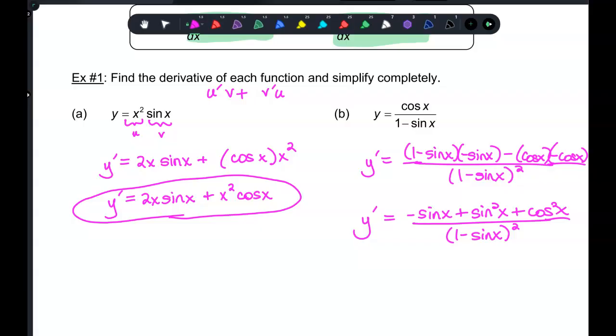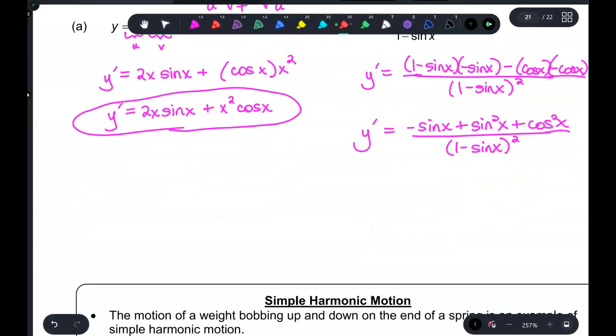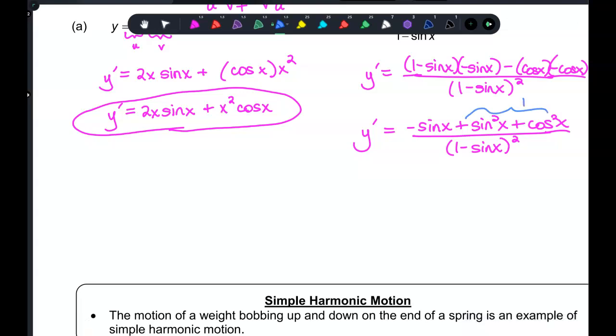There are very few Pythagorean identities that you need to remember. This is one of them. What's sine squared plus cosine squared? Okay, so all of this is 1.